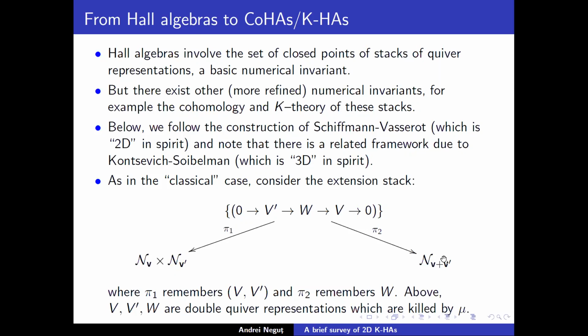The difference between this diagram and the one that you have seen before is that now N_V, remember, is not just the stack of quiver representations, it's the stack of double quiver representations which satisfy the equation mu is equal to 0. So V, V prime, and W are a bit more complicated because they satisfy this equation, and they are double quiver representations. But the definition of the maps pi1 and pi2 and the definition of these stacks is quite analogous. So you have this extension diagram in this case as well.